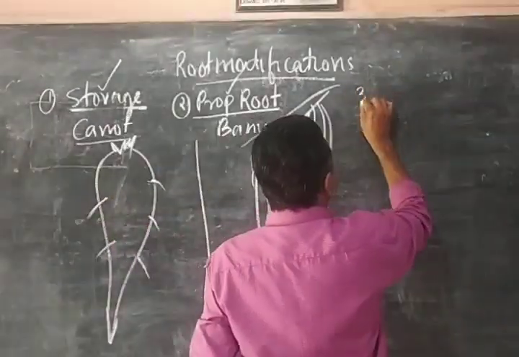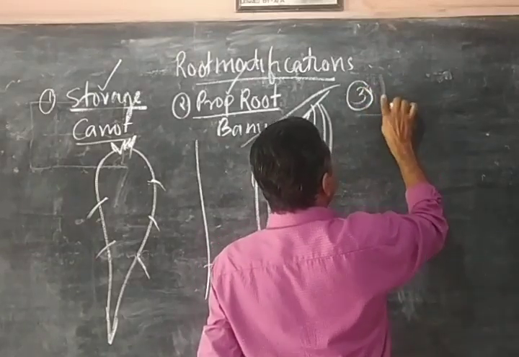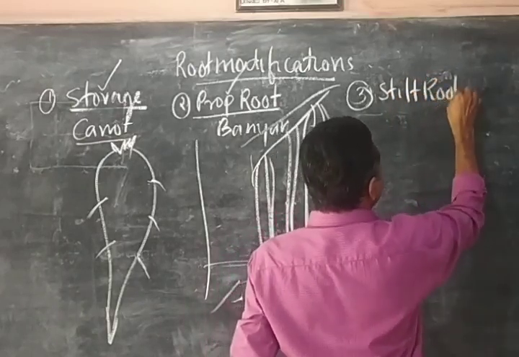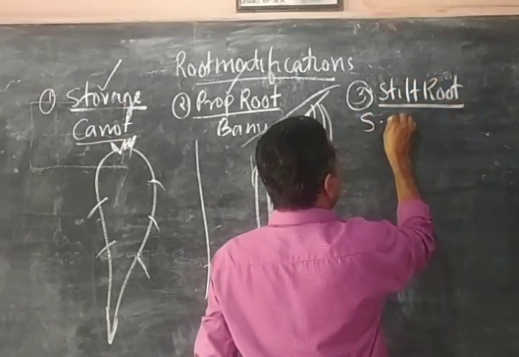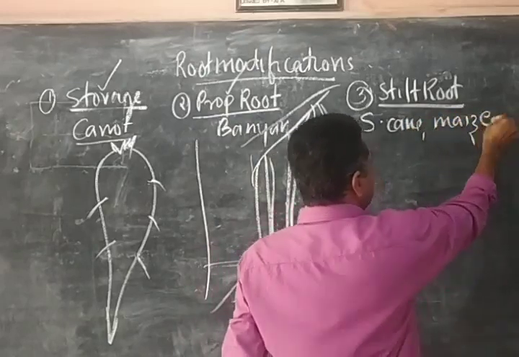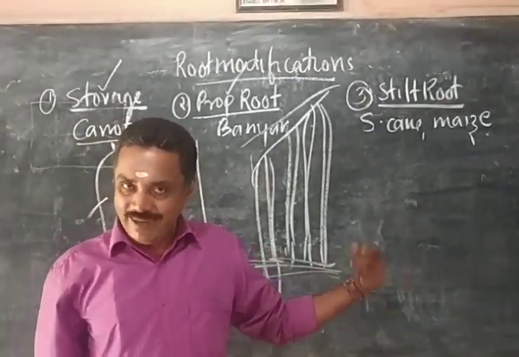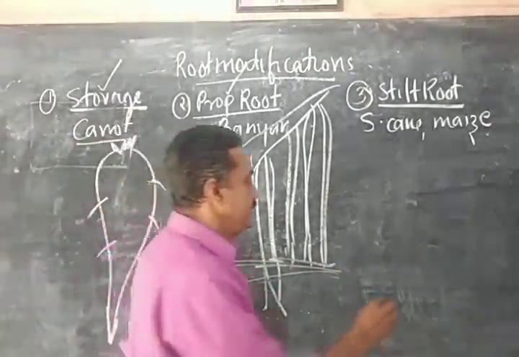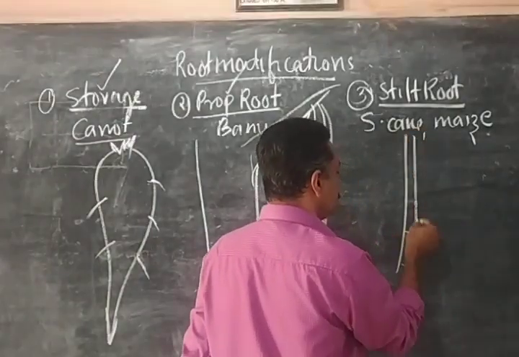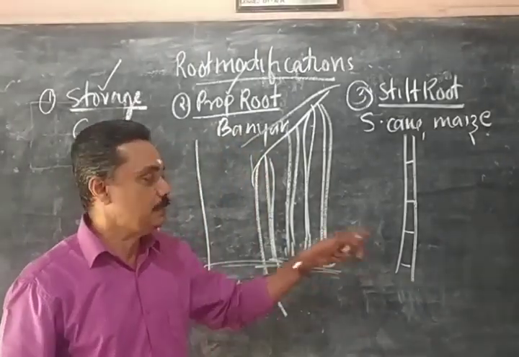Third, in plants like sugarcane or maize, also called corn, they are called stilt roots. These are monocot plants with nodes and internodes.